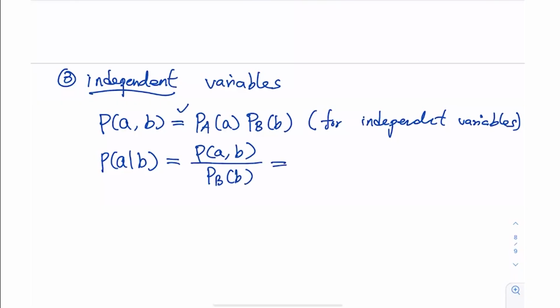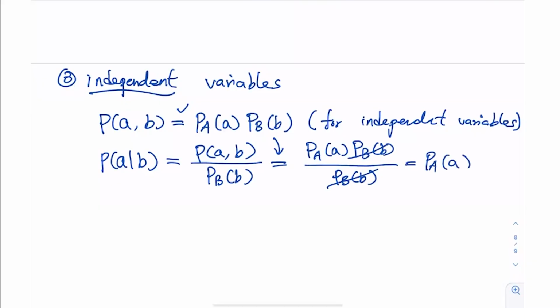If we have this condition for independent variables, we can re-express the joint probability by this expression, and you see that the B dependence is completely gone. So the conditional probability of A given B is actually independent of B. That's why we say A and B are independent random variables.